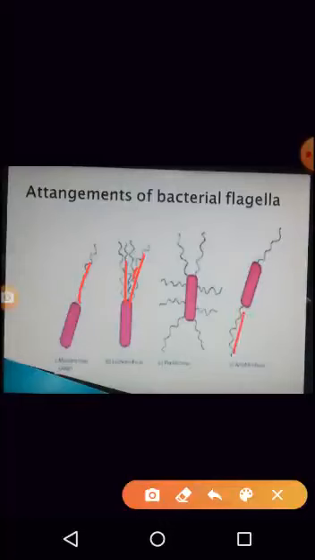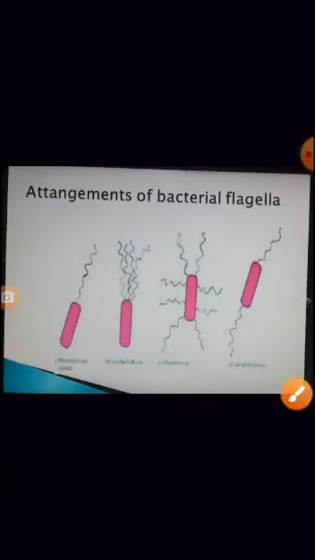If there are flagella on either sides of the bacteria, at the polar ends, single or tufts, then it is called amphitrichous. Example, Spirillum serpens. If there are flagella distributed throughout the body of the bacteria, then they are called peritrichous. Example, E. coli.